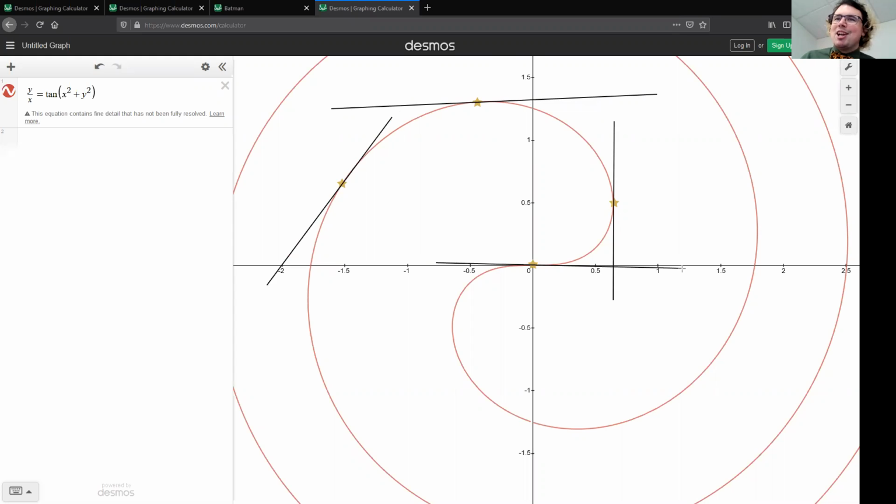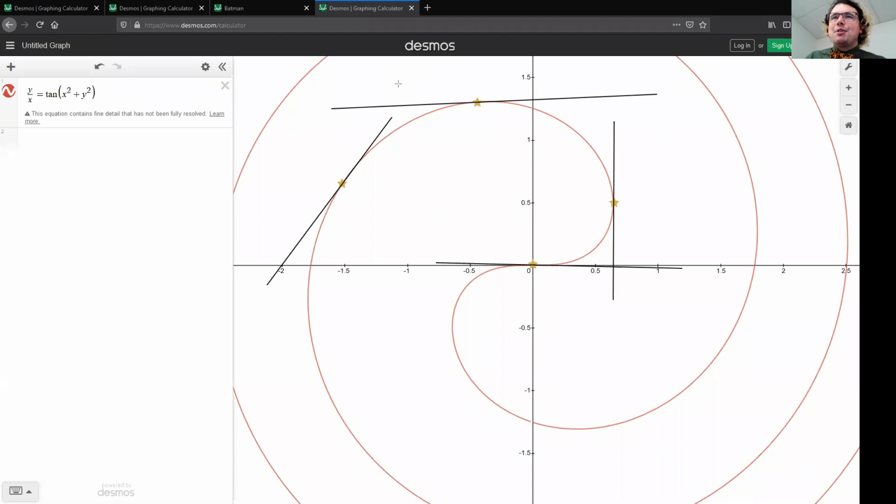And once I know I've got tangent lines, then I can do all of my normal calculus stuff. I should be able to find arc length. If I wanted to revolve this figure around the x-axis, I should be able to do that and calculate how much surface area there is.